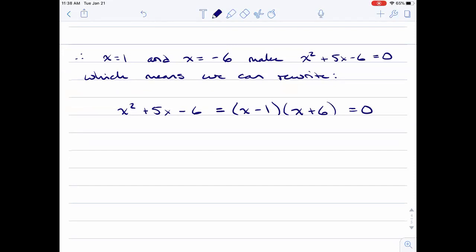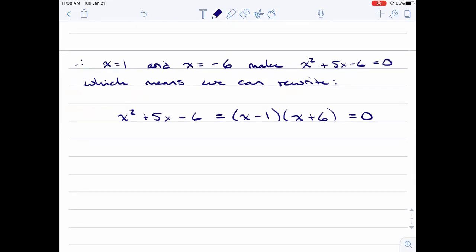Because regardless of which one we use, right, x equal to 1 plugged into here apparently yields 0. x equals negative 6 plugged into here also yields 0. That's what we decided. That's what the quadratic formula told us. But that means that if you can't see how to factor this, then knowing what x's make this 0, well, I can just take x minus 1, right?